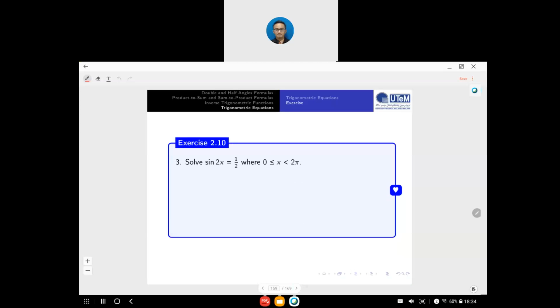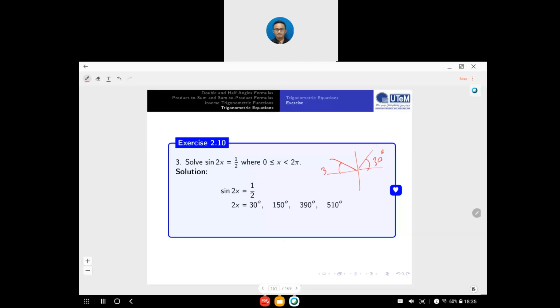Now look at question 3. Solve sin 2x equal to 1 over 2. So this one also a same thing. Direct, you can use the inverse. Ini adalah positive. So you can get 30, 150. Here is 30 degree.